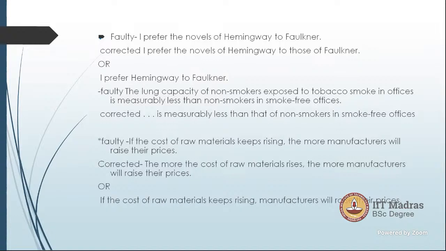But parallelism is not dependent on that. Parallelism is about what structures you use otherwise, right? So is that understood to you? Why you cannot write I prefer Hemingway to, that you understood, right? So that is the major part in parallelism. Of course, the words that you use to write these things can definitely be, I mean, there can be more than one way to write it.